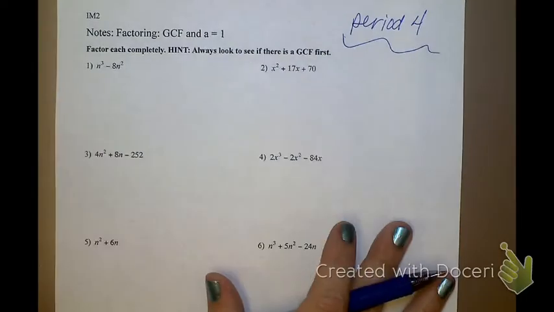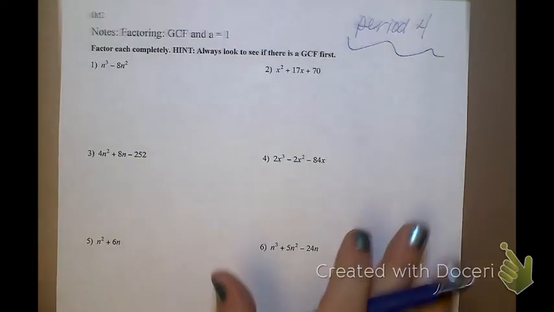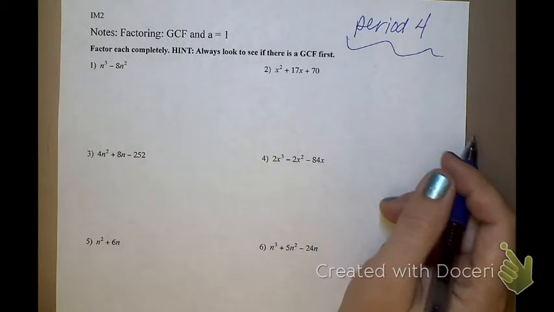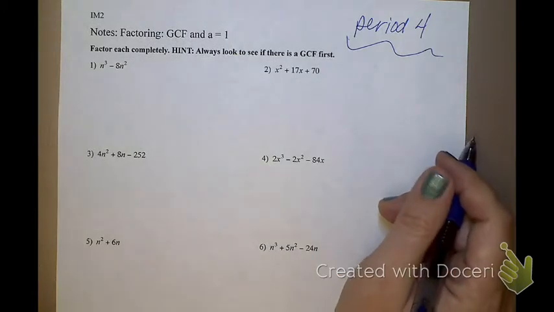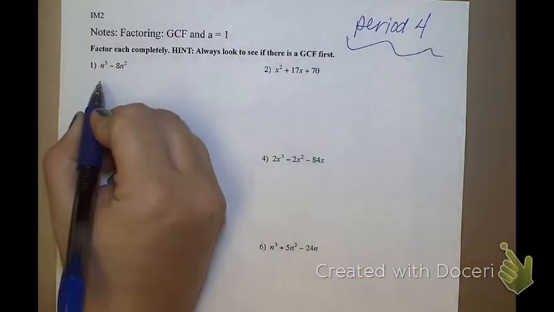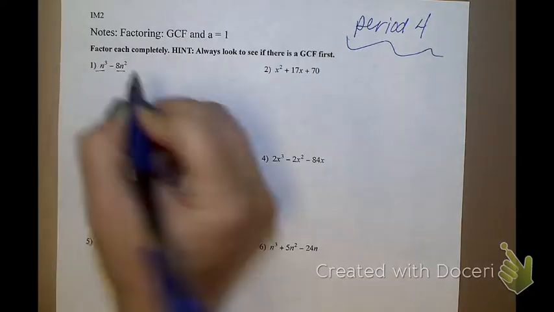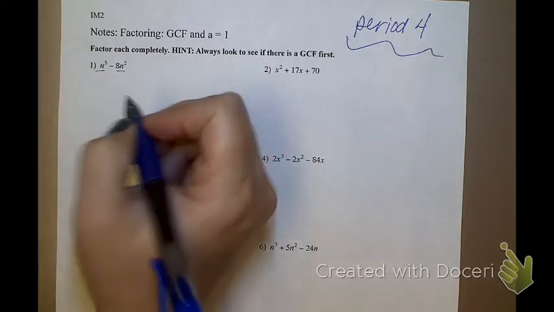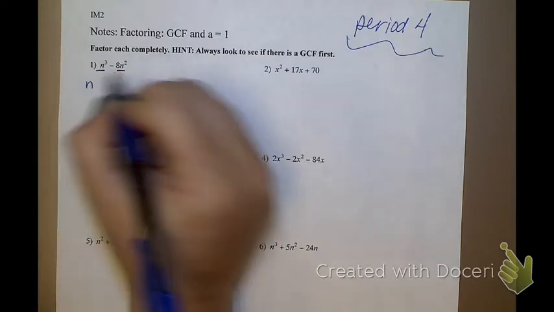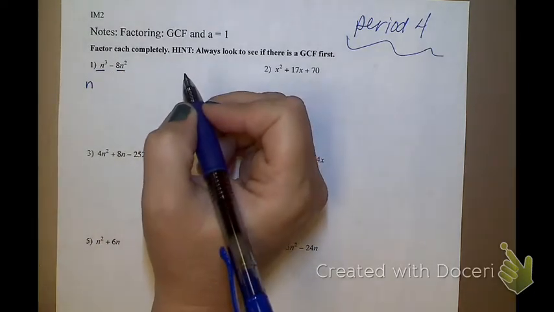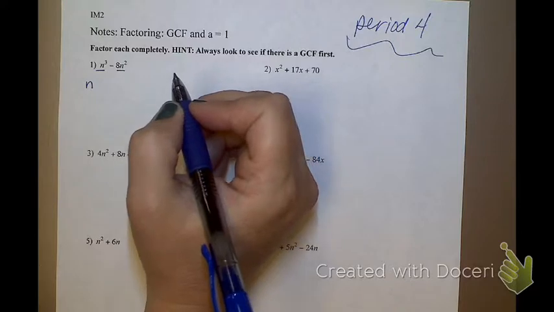Okay, so for each one of our factoring problems, the very first thing we need to do is see what we can undistribute, which is what we were doing before. So if I look at number 1, what can I undistribute from here? I can undistribute not just n, but n squared.